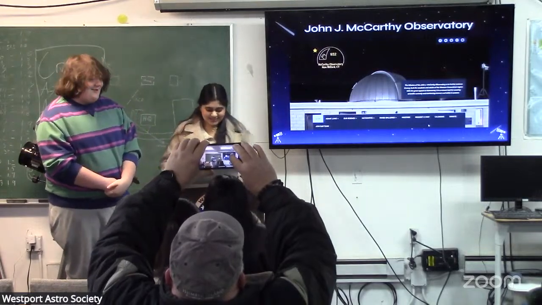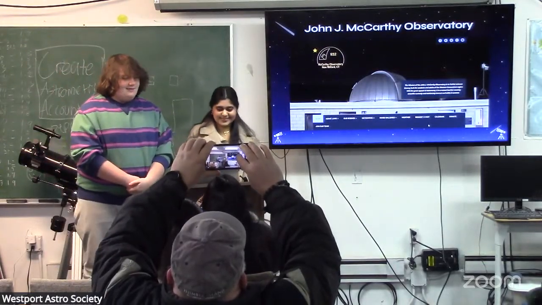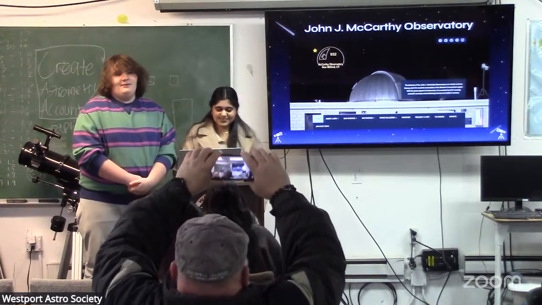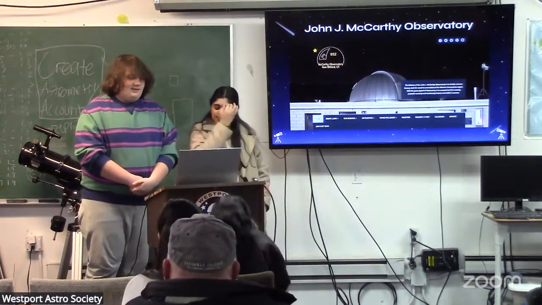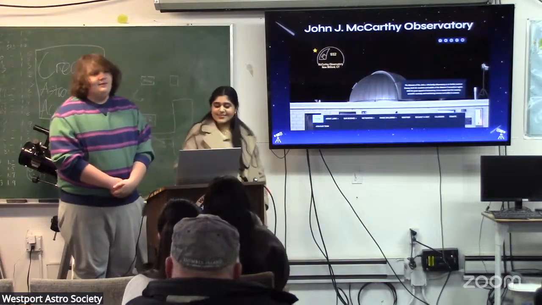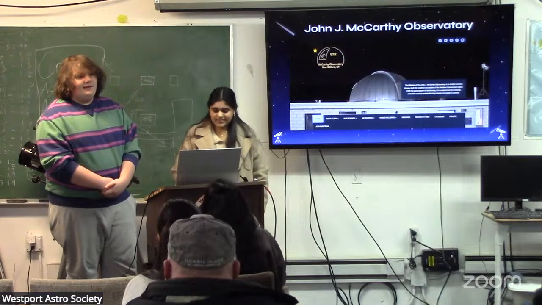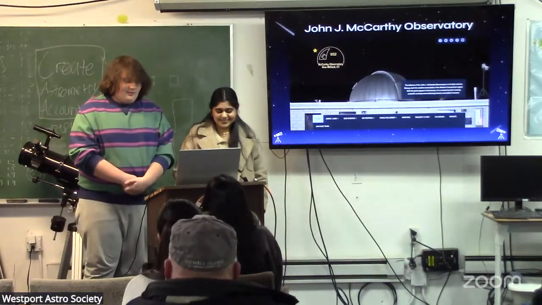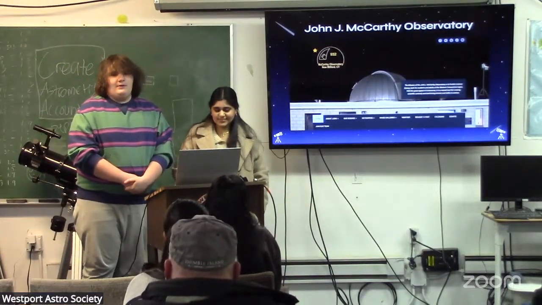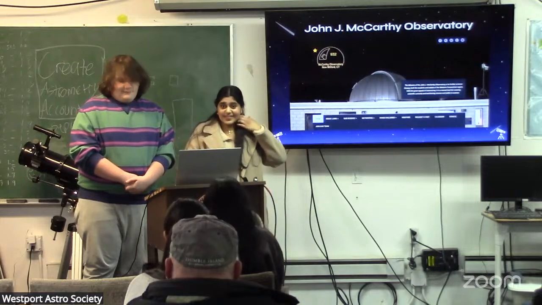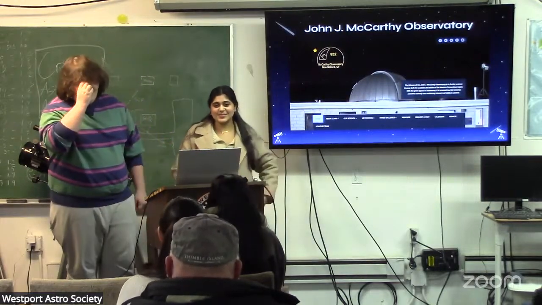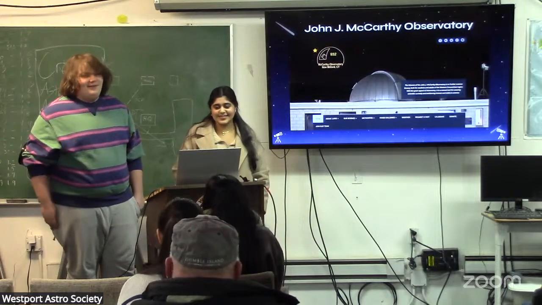Well, I'll give you all a brief history of the JJMO and why it's important. So the John J. McCarthy Observatory was kind of a start to the millennia. They built it in New Milford at the high school, on the football field, so it gets really drowned out by the lights.